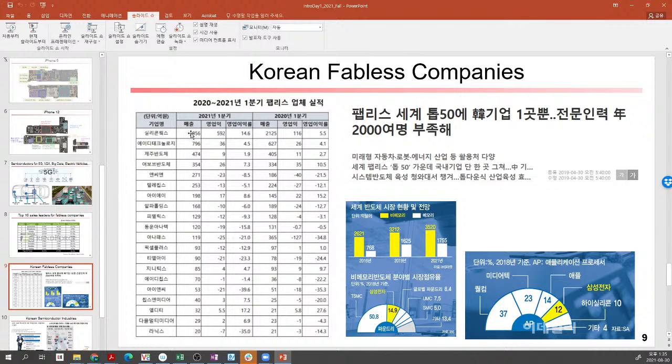All of this sums up to say that we need lots of people, lots of designers, in this kind of industry.